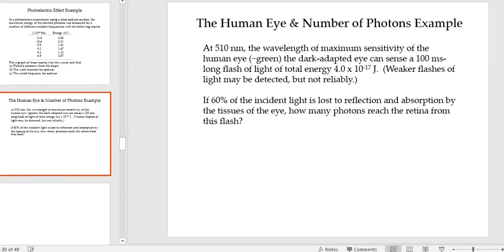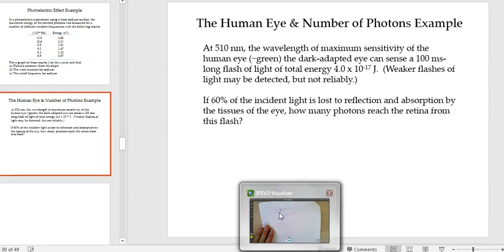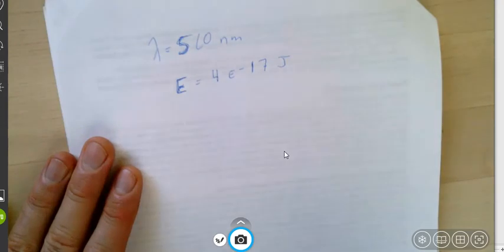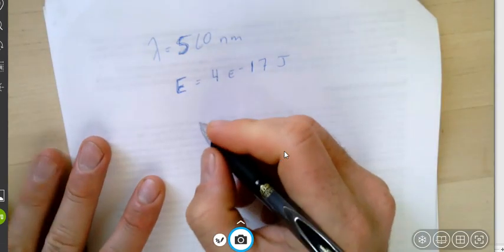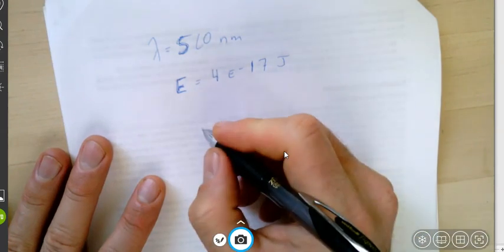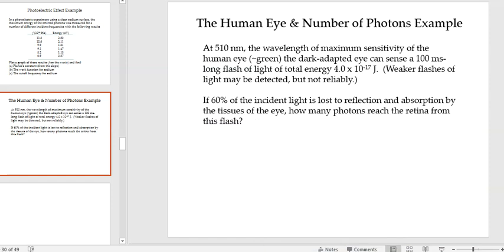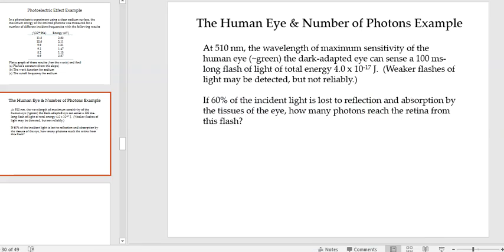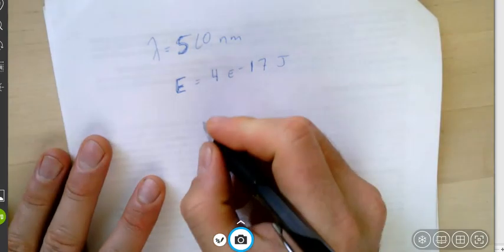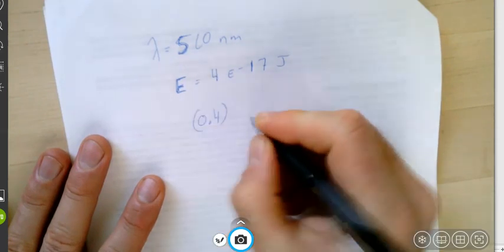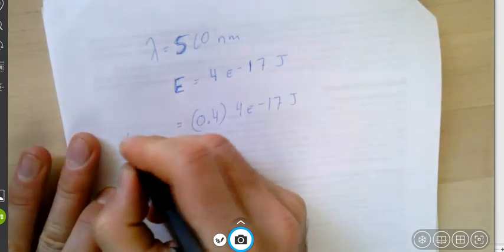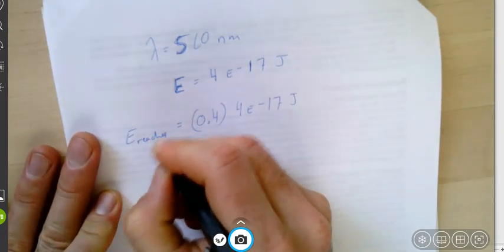Since 60% is lost, and we're asked how many photons actually reach the retina, that's going to be 40% of this amount of energy, 4 times 10 to the minus 17 joules, that actually reaches the retina.